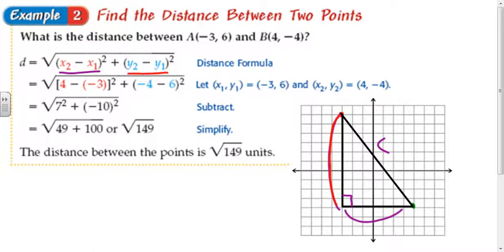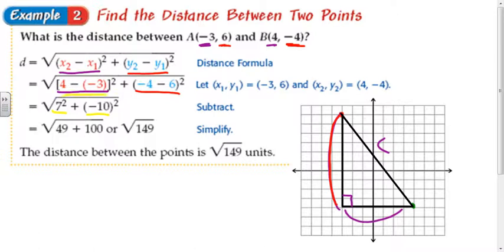So we just plug in our numbers. And we would say 4 minus -3. We got that from 4, -3, plus our -4 minus 6 gives us these ones here. So we basically just plug in our values into our formula. Now a little algebra, just solving those through, gives us this 7 squared and -10 squared.